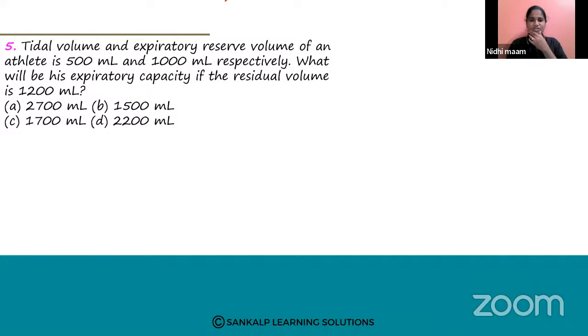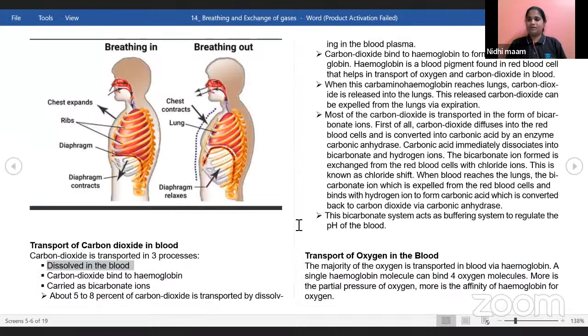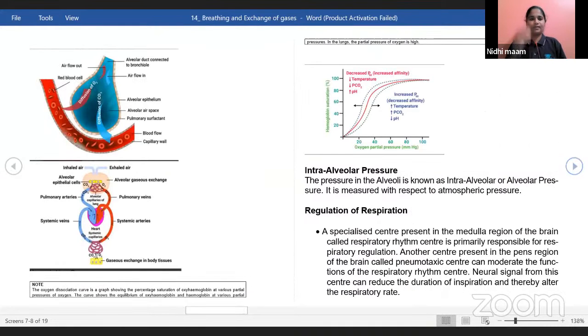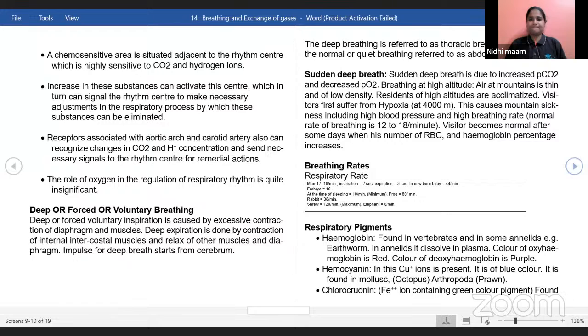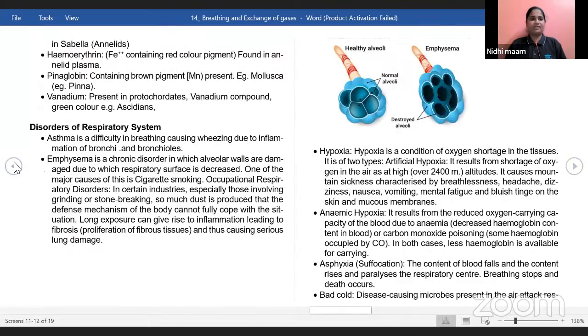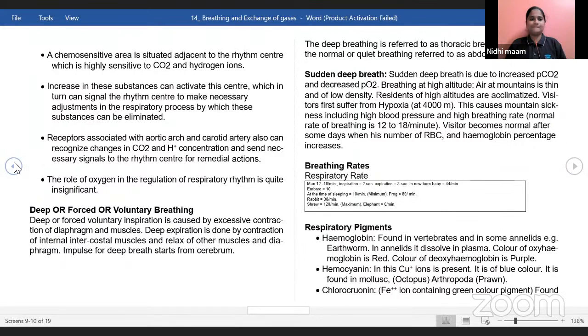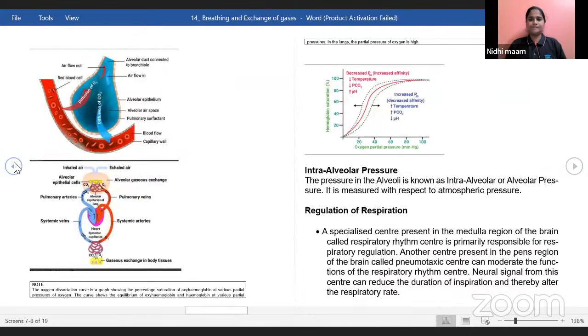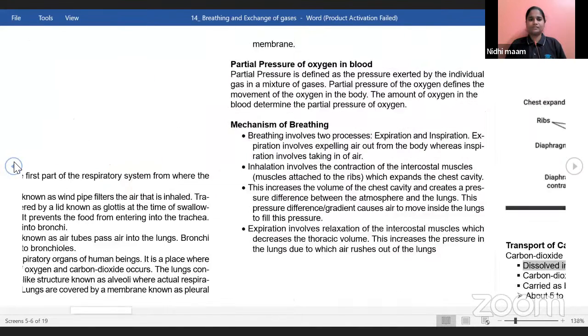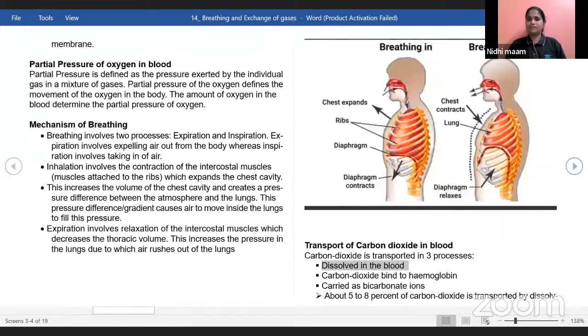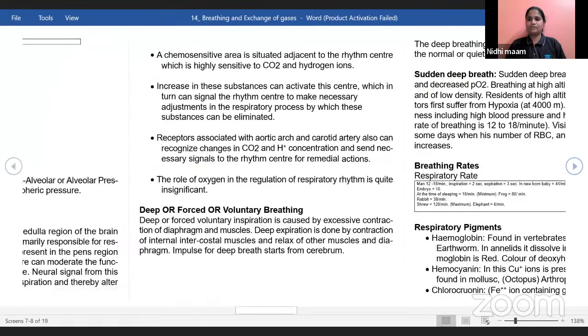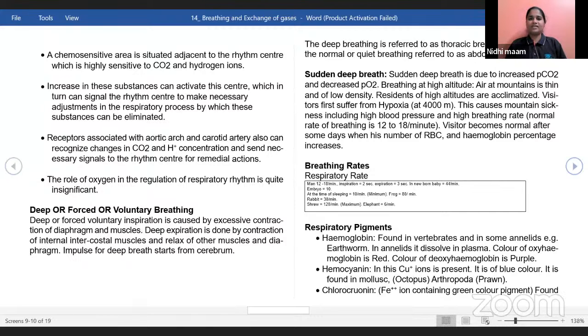Before that, let me check whether we have the concept of tidal and residual volume here. Okay, I think it is there in the answer itself.